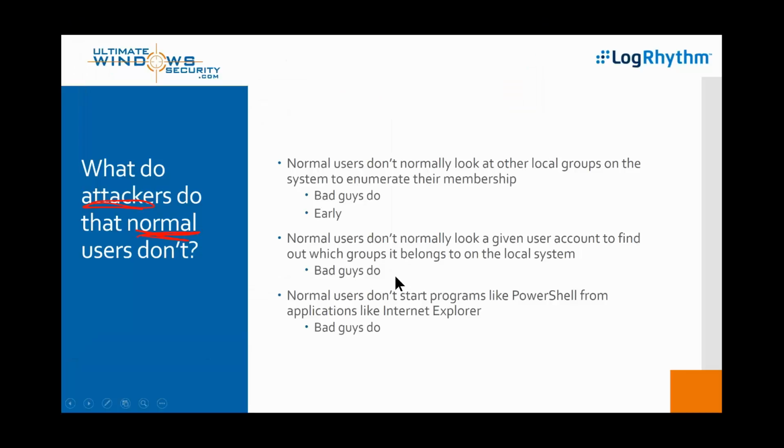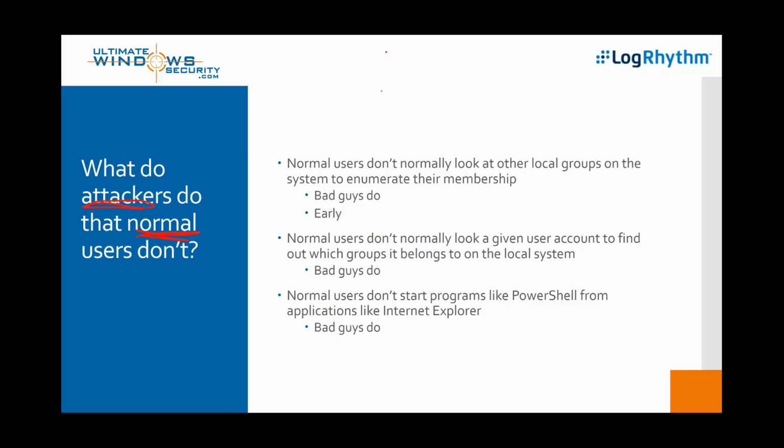Now, can legitimate users do this? They can, but how often do users do this? How often do applications do this? Not a lot, and I can tell you because I've been watching these events. Now, there are false positives, and we're going to talk about how to account for those as we go along here.